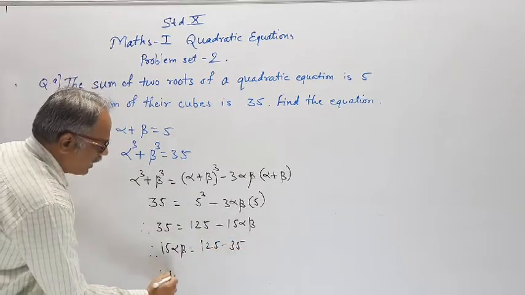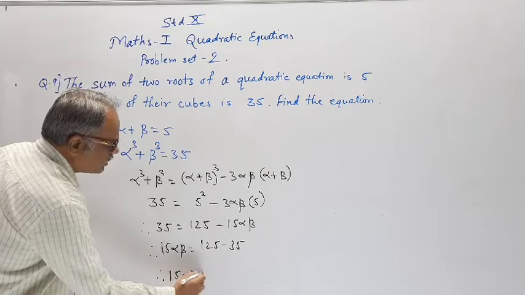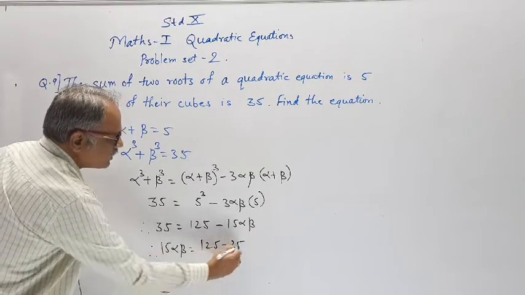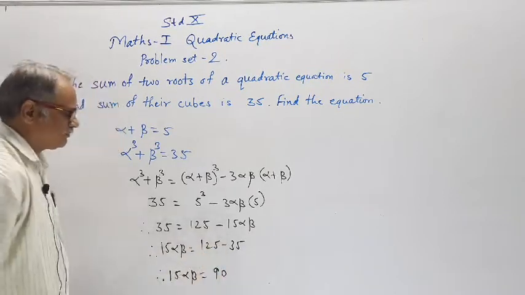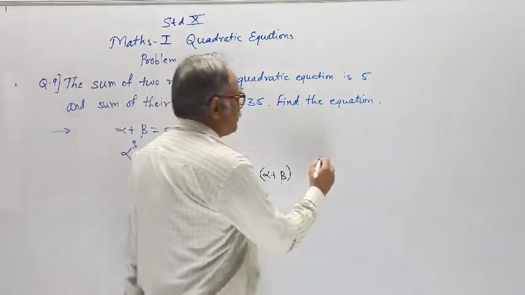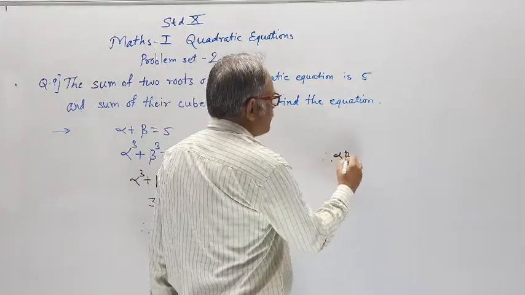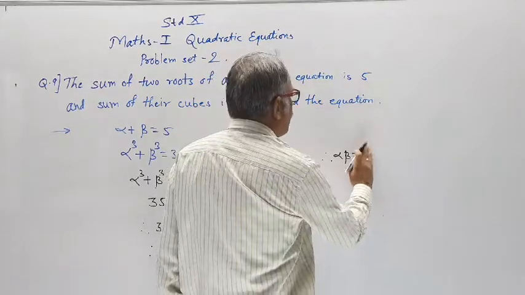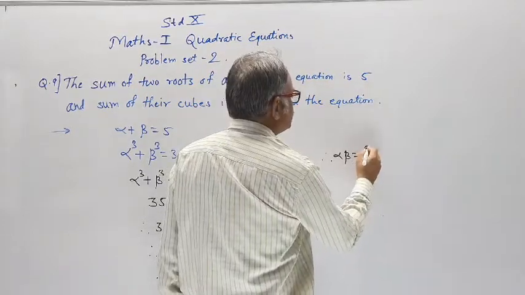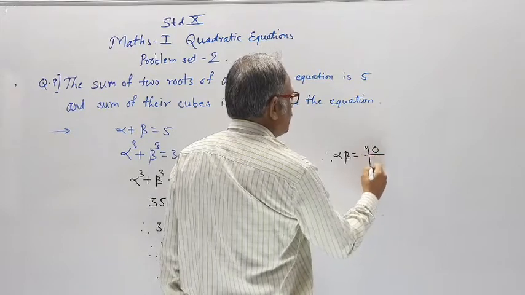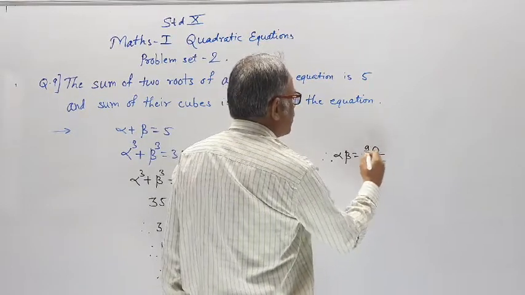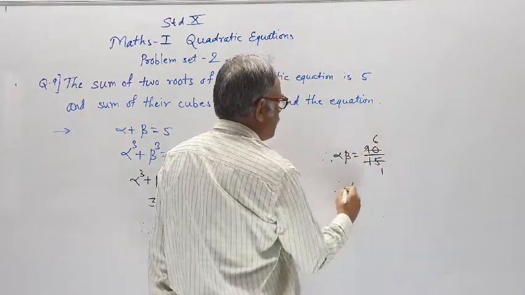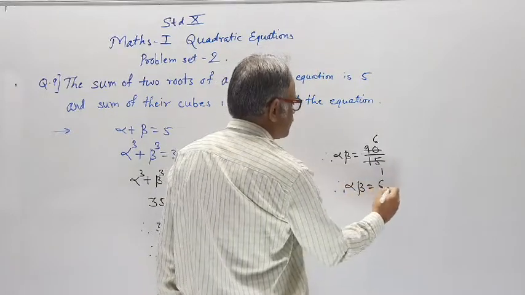Therefore 15 alpha beta equal to 90. 5 minus 5 is 0, 12 minus 3 is 9. Therefore alpha beta equal to 90 upon 15. 15 6s are 90. Therefore alpha beta equal to 6.